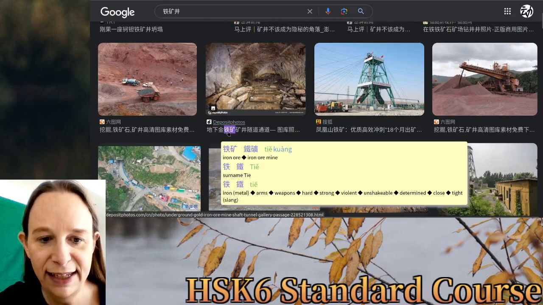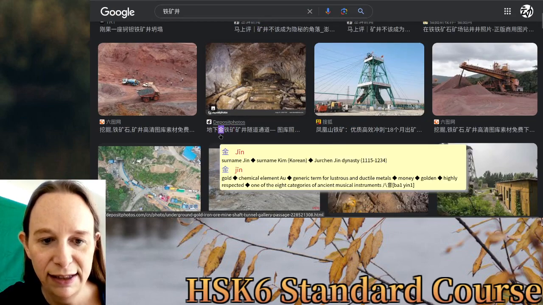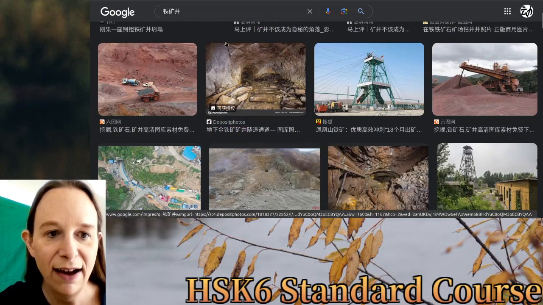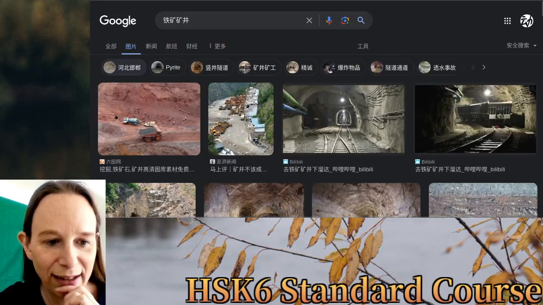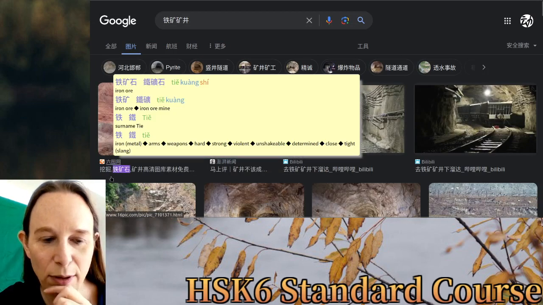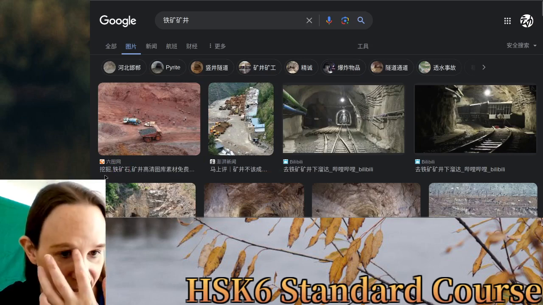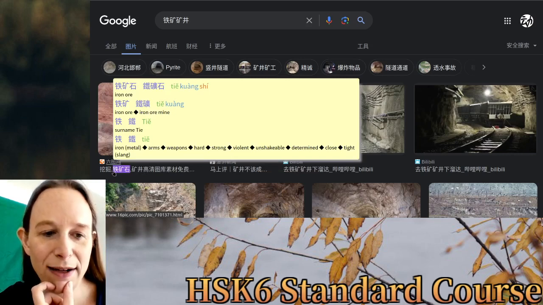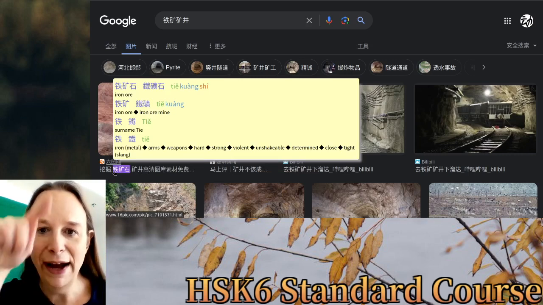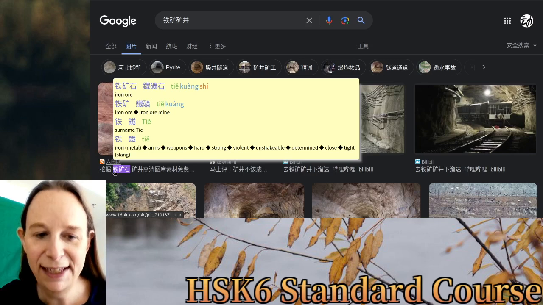铁矿矿井. Oh, they put another one. So 铁矿矿井. 铁矿石. So it looks like 铁矿, yeah, same with gold. 铁矿 is iron ore and iron ore mine. So it's not specific.